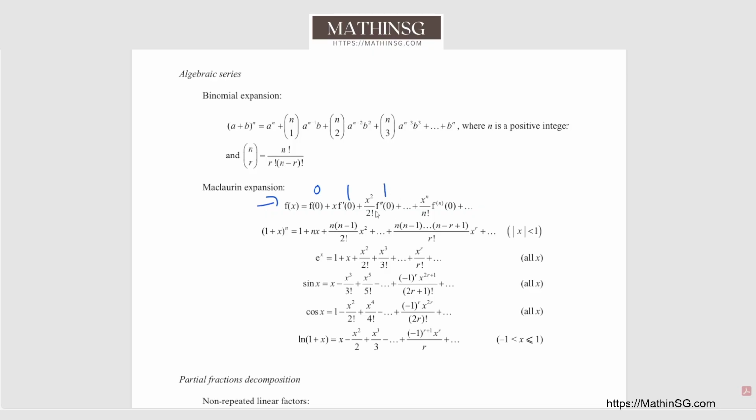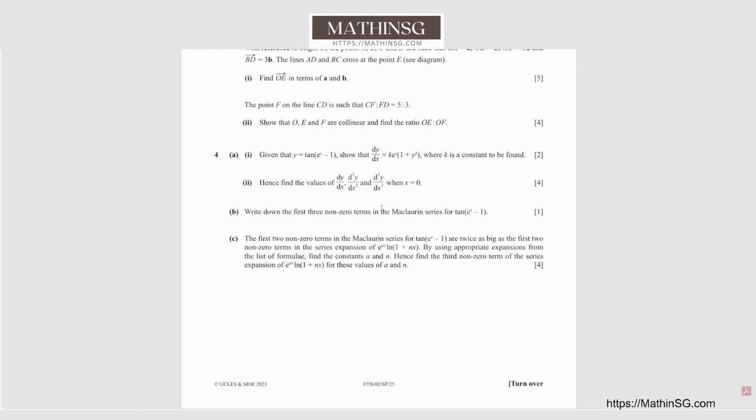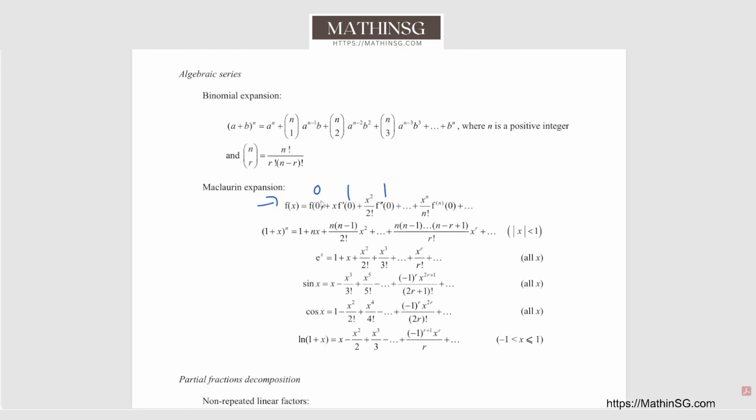Then I need until x cubed, right? Because they want the first 3 non-zero terms. I only have 2 terms till now because this one is 0, so it's not considered. So I also need the x cubed term, which is x cubed over 3 factorial times f'''(0). And we know that d³y/dx³ when x equals 0 is 3. Okay, so let's write that in.